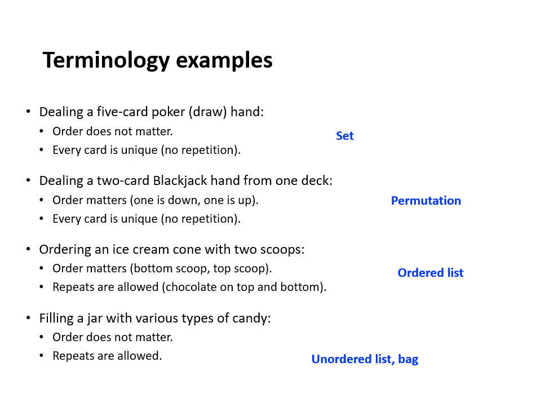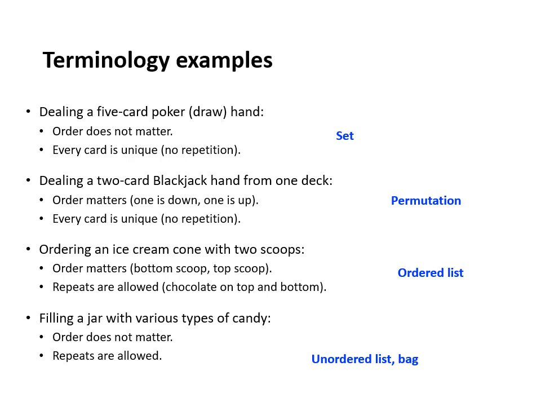So, for example, when you are dealing a 5-card poker hand, the order doesn't matter, and every card is unique, which means that there is no repetition, and the structure that captures that is a set. Then, when we're dealing a 2-card blackjack hand from one deck, the order does matter, since one card is up and the other is down, and also every card is unique, so there is again no repetition.